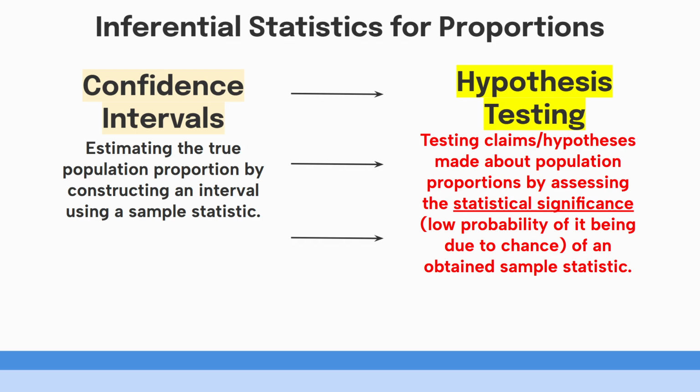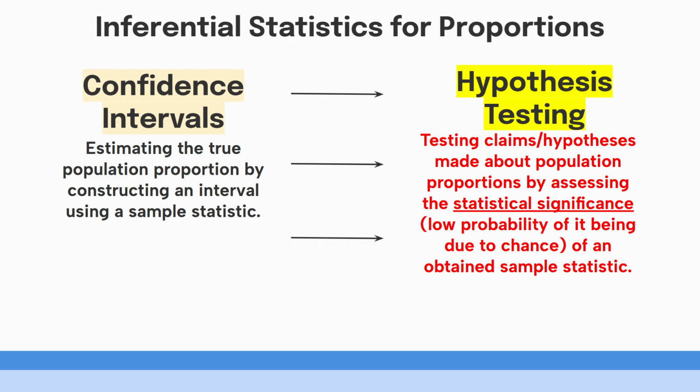Anyway, whatever. So now we're transitioning from confidence intervals into something called hypothesis testing. Whereas with confidence intervals, you're estimating a true population proportion by constructing an interval using a sample statistic that you obtain through random sampling and surveying. Now we're testing claims or hypotheses, if you will, made about a specific population proportion by assessing the statistical significance, which simply means there's a low probability of it being due to chance, of an obtained sample statistic.